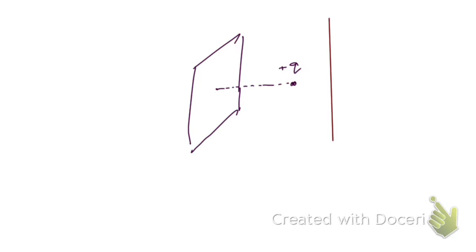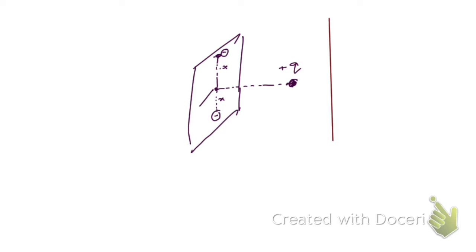A minus charge is induced up to this distance from the center, suppose this is the r distance or x distance, whatever you take. The same amount of charge will be induced on the other side of this point.